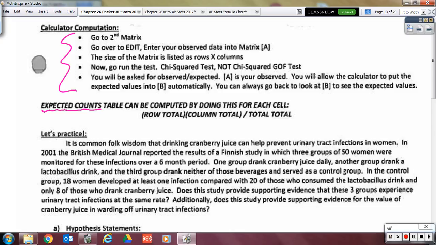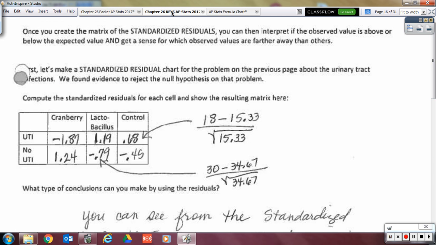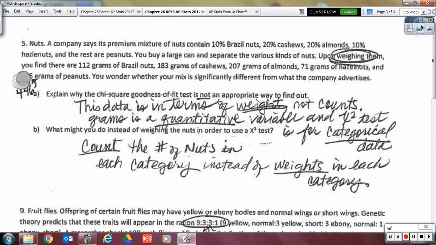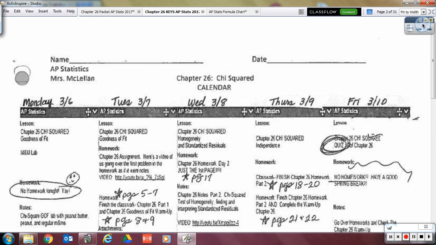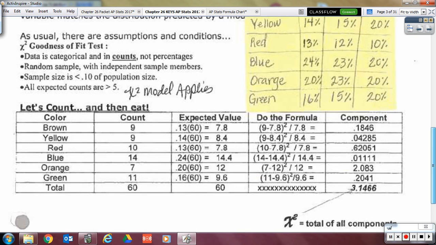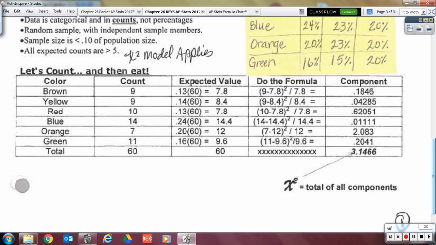Let's look back at a chi-squared goodness of fit test. When we had that, how did we get these expected counts on a chi-squared goodness of fit?